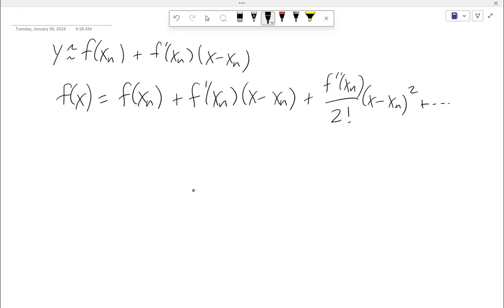You keep taking more derivatives and dividing by higher and higher factorials to get those coefficients. That's our Taylor series expansion.